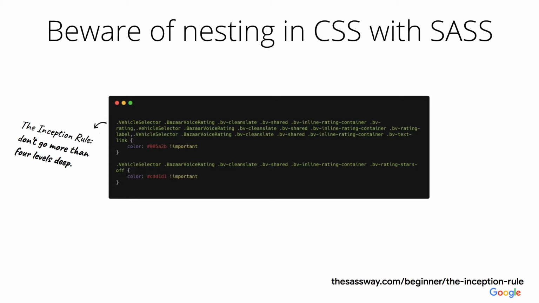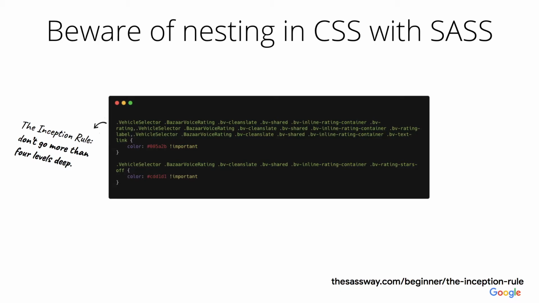Here I think it's still okay, but I can sometimes see selectors that are 30 lines long, and those selectors are crazy because of SASS SCSS nesting.